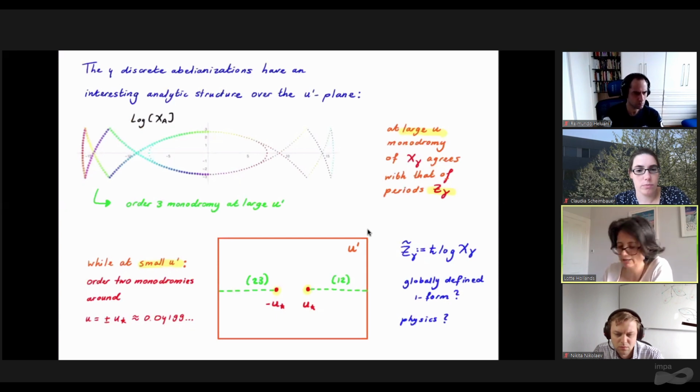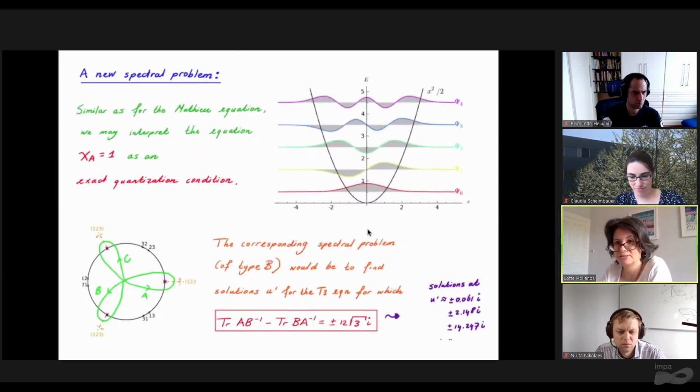This might slightly remind you of Seiberg-Witten theory. So you might wonder whether you could define a global quantum corrected period, C tilde, and what its interpretation is in physics. Unfortunately, these are questions that I cannot answer yet.